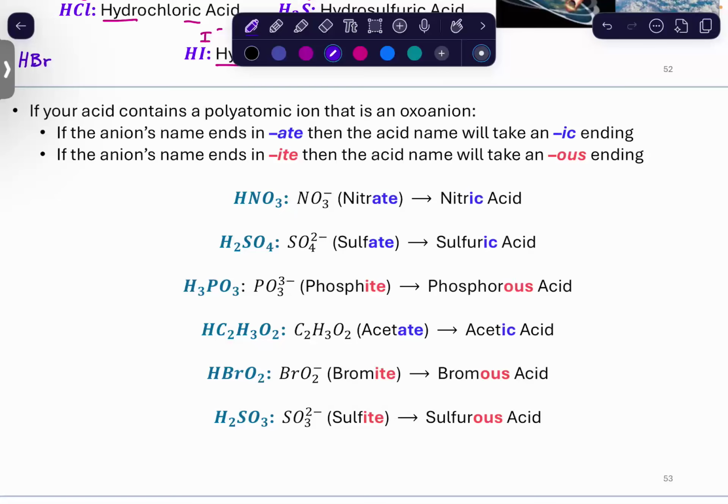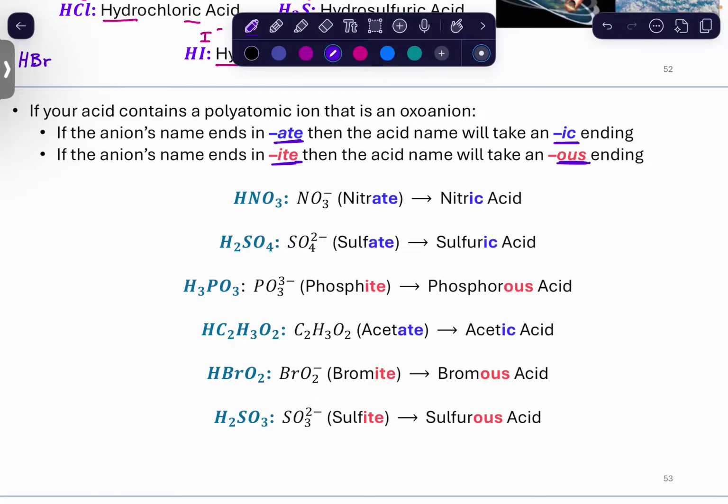What you're going to be thinking about is any oxoanion that ends in ATE will get an ending of IC as its acid name. Any oxoanion that ends in ITE will get OUS as its acid name.